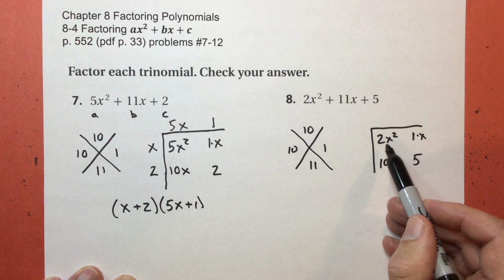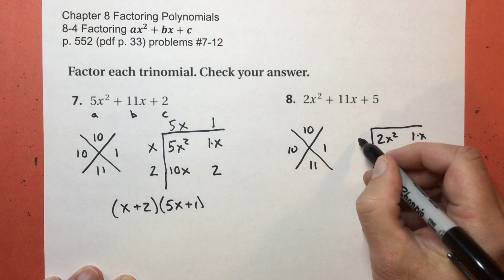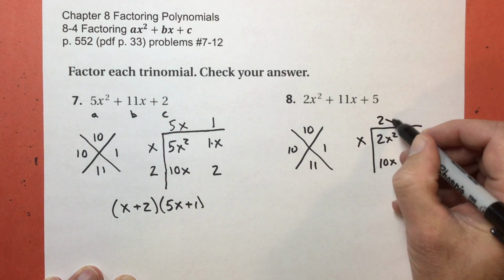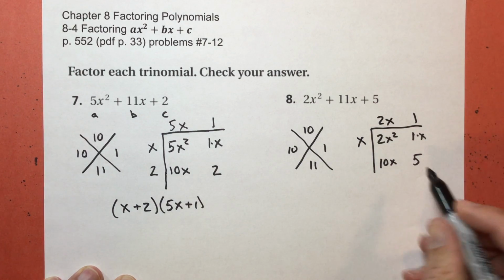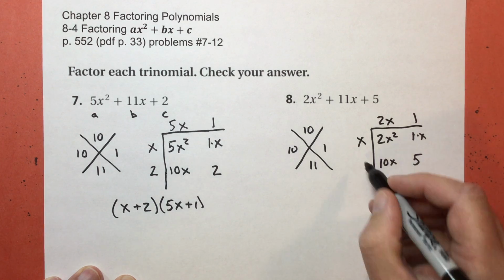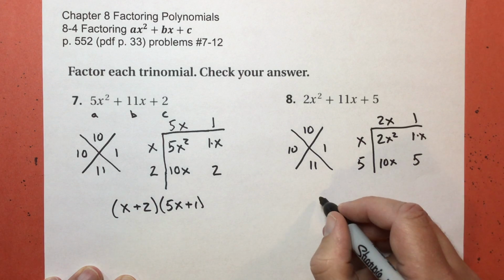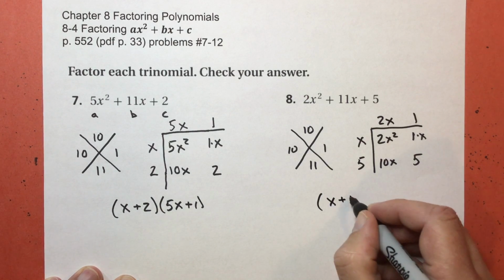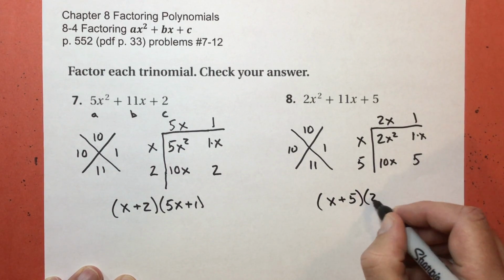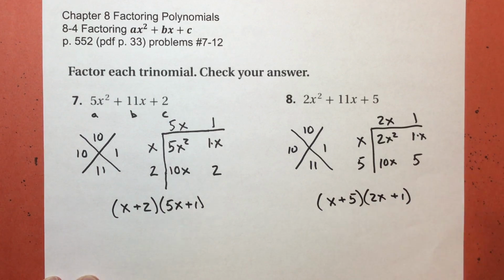So what's my common factor between 2x squared and 1x? Just x. That leaves 2x and 1. And what's my common factor between these two? The 5. 5 times 2x is 10x, and 5 times 1 equals 5. So factored form, I get x plus 5 times 2x plus 1.